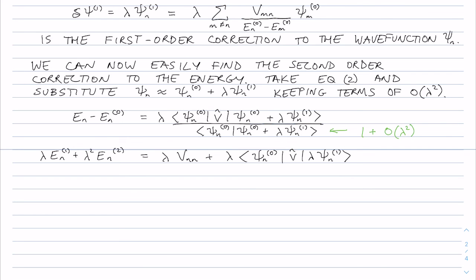This first term is of order lambda, so that's En1, and this second term is order lambda squared, so that's going to give us En2. The first term gives us En1, as we saw before.